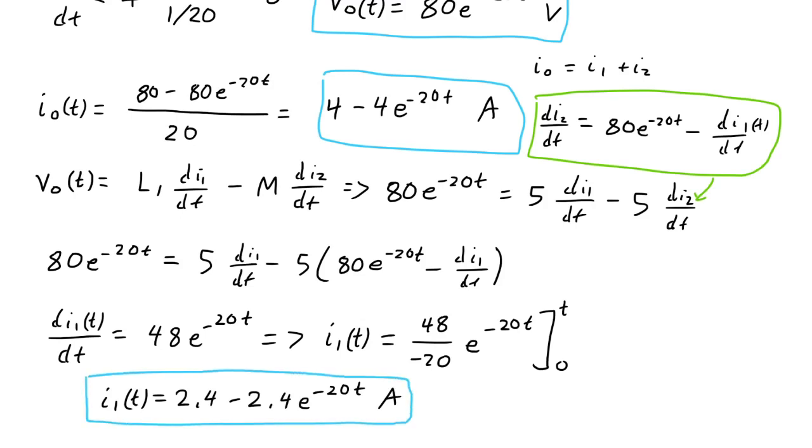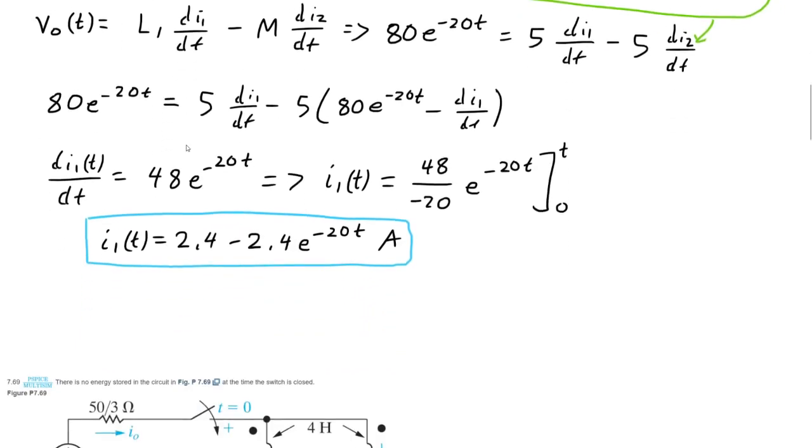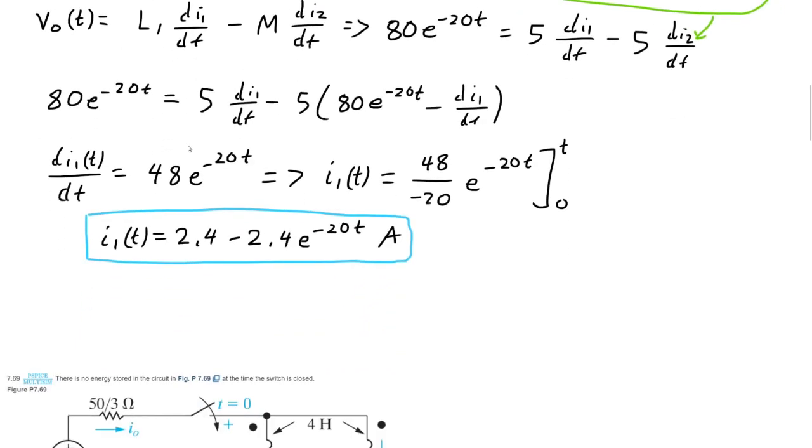Now, we could do this whole thing again to find i2(t), but using Kirchhoff's current law, we can just do 4 minus 2.4, and you get 1.6 e to the minus 20t amperes.